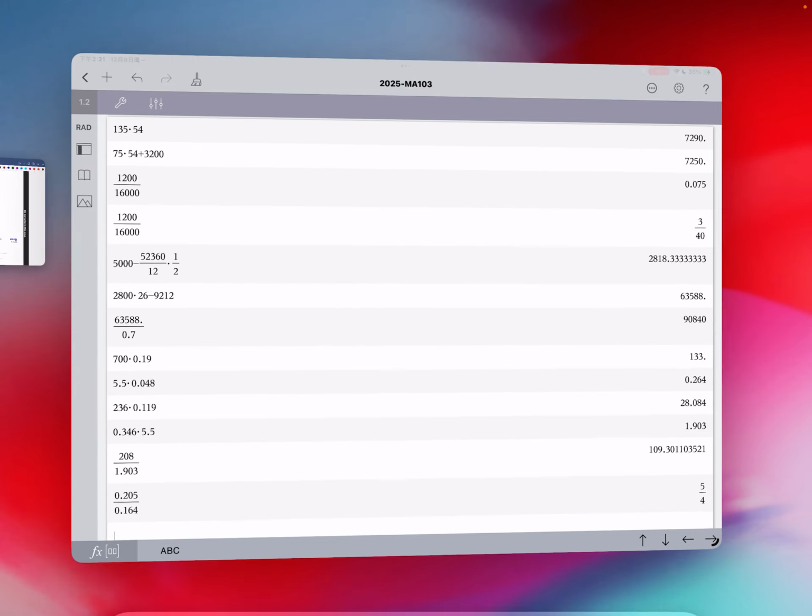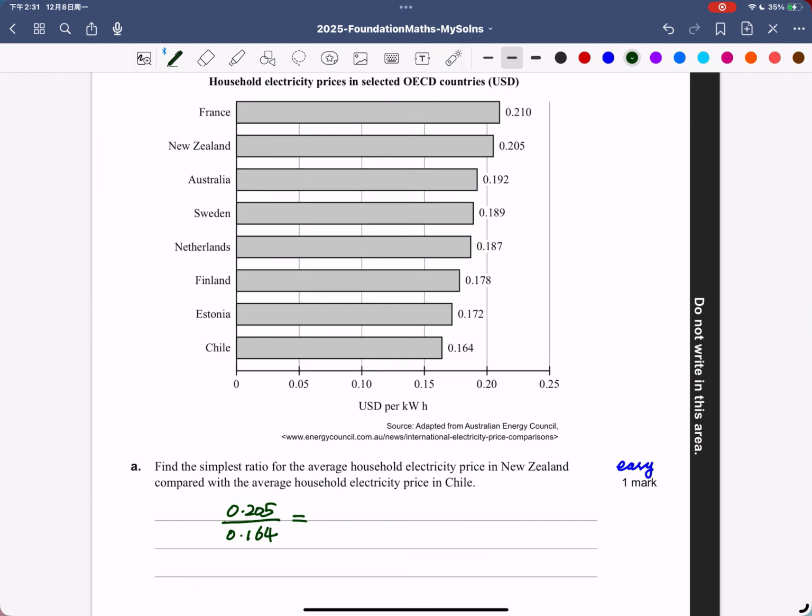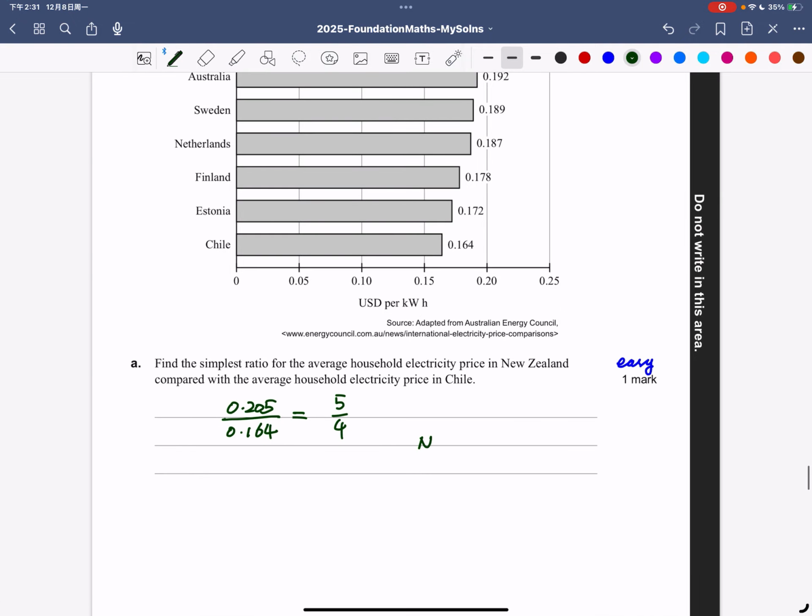So it gives you 5 to 4. Okay, 5 to 4. We could say New Zealand to Chile, that is 5 to 4.